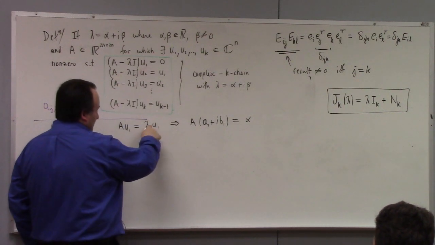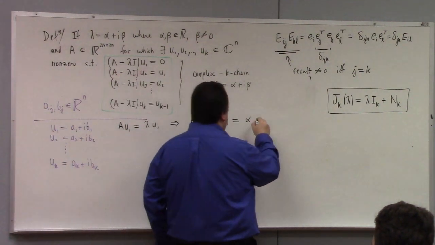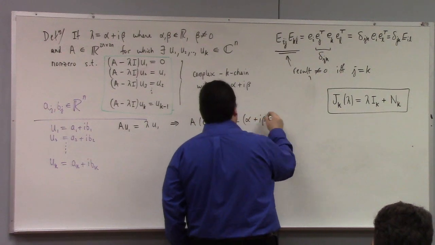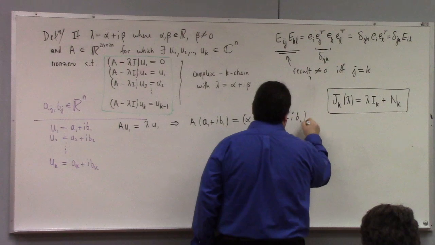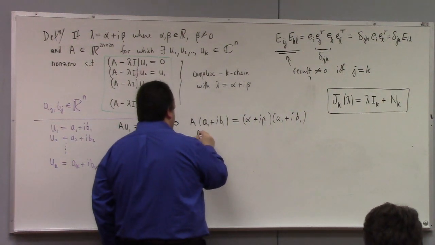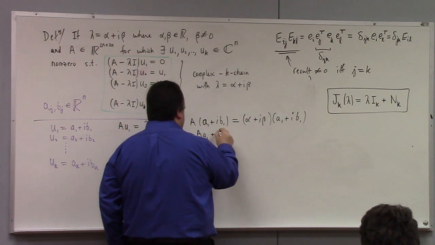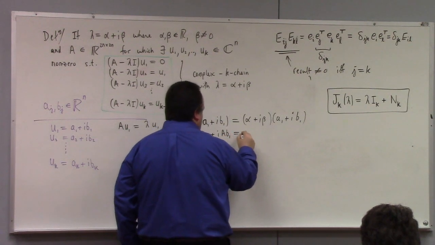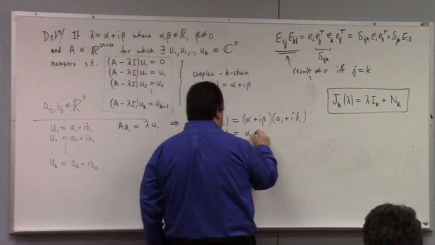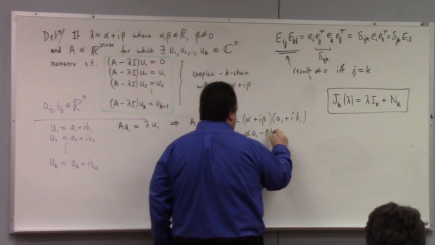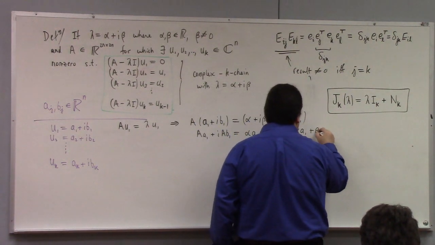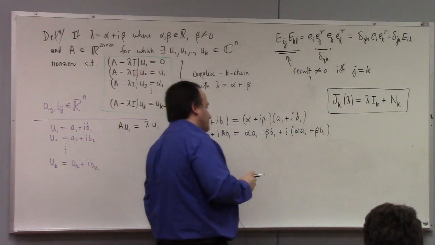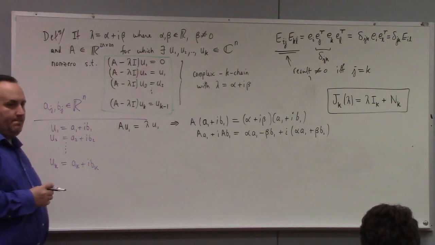This is all lambda. So (alpha plus i beta) times (a1 plus i b1), yeah? Multiply it out. What you got? You got yourself A a1 plus i times A b1 is equal to alpha a1 minus beta b1 plus i times (alpha b1 plus beta a1). All right?